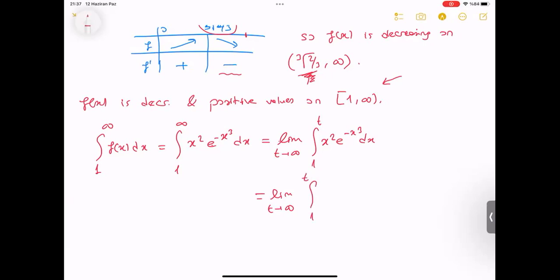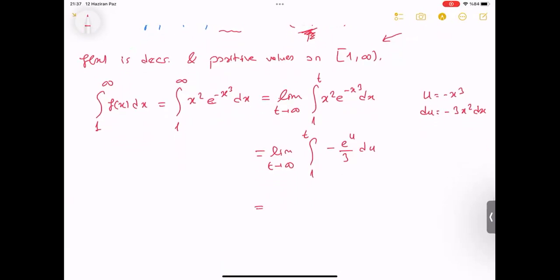If we substitute u equals minus x cubed, we get du equals minus 3x squared dx. So we just plug these into the integrand and we get this. Computing the integral, we have minus e to the u over 3, and plugging u equals minus x cubed, we get this from 1 till t.